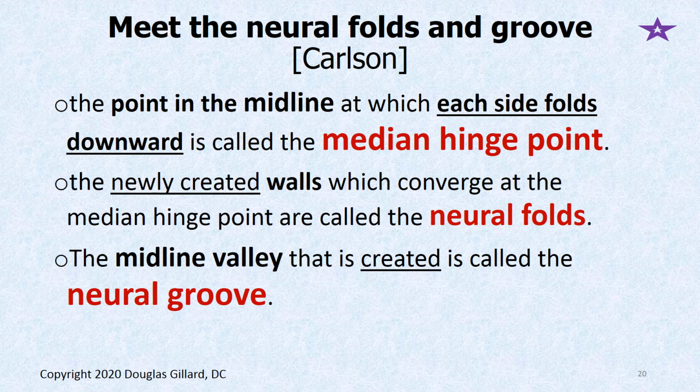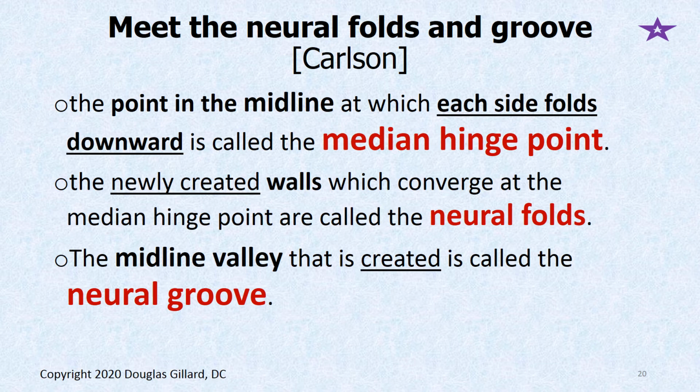All right, so now we have a V-like structure, and the point in the midline at which these folds occur, where the first bending occurs, is called the median hinge point. Median hinge point. I like that word. There should be more stars on this slide.